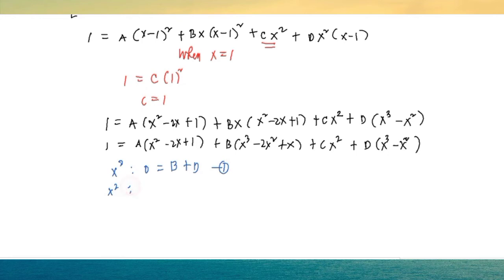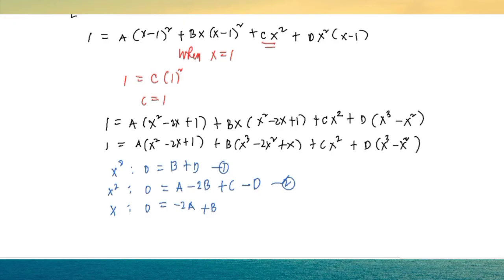For x squared, we have 0 sa left side, and we have A here. Sa B, that's negative 2B. And we have C here. And we have negative D. That is our second equation. For x, 0 tayo sa left side, and that's negative 2A plus B.